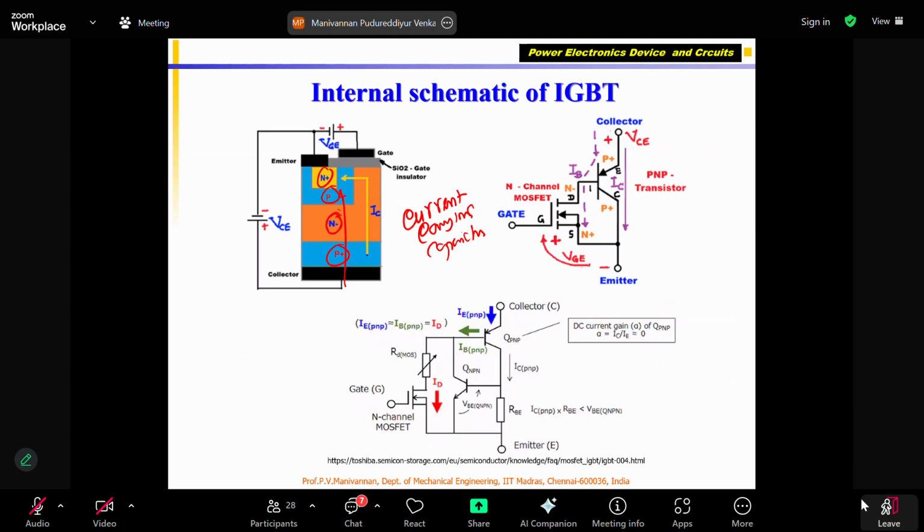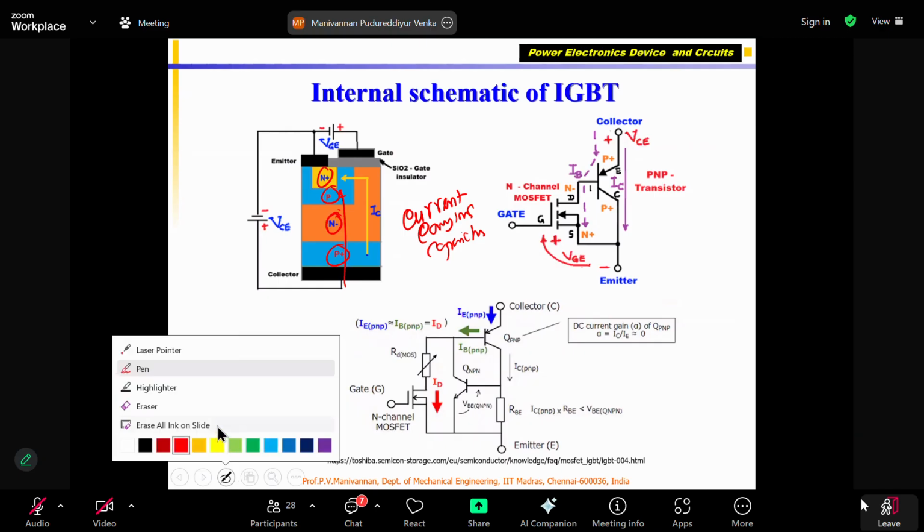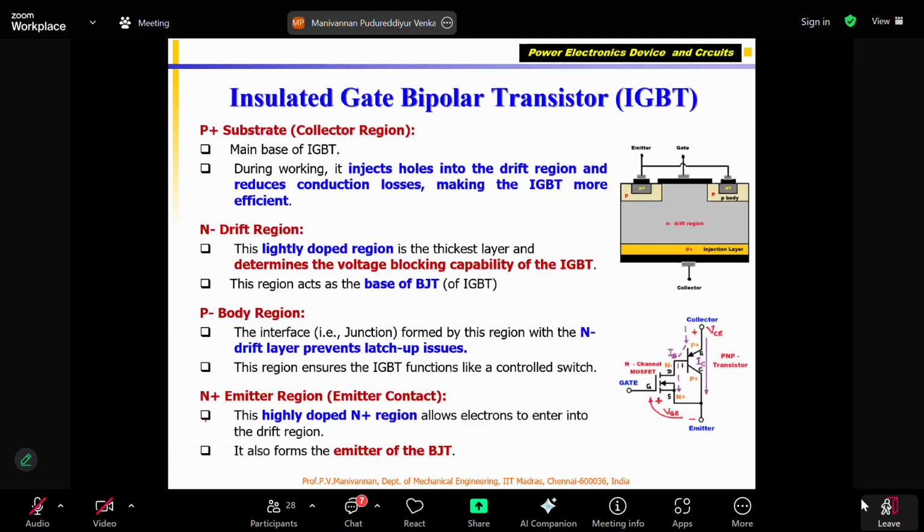How much N plus and P plus are doped is decided by the manufacturer, accordingly giving ratings of 0 to 1 amp, 0 to 10 amps, 0 to 100 amps. A higher amp rating means the doping density is very high. This was just for understanding, in case somebody asks you in an interview.